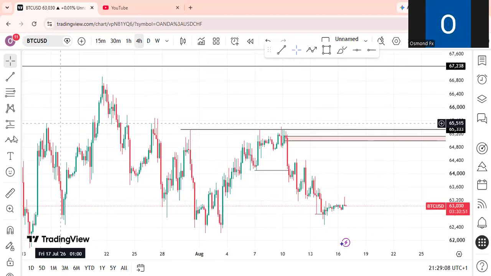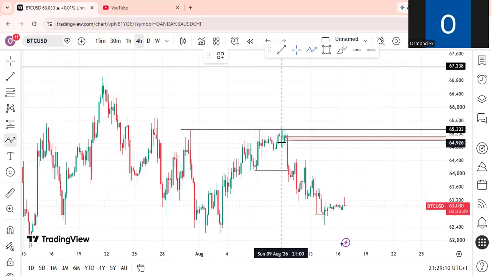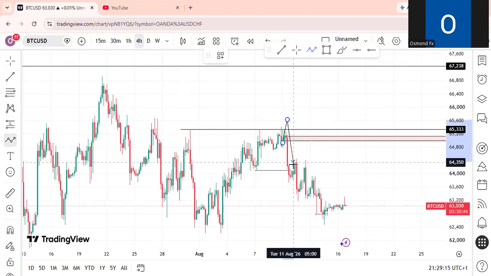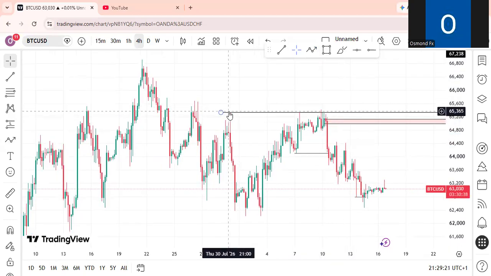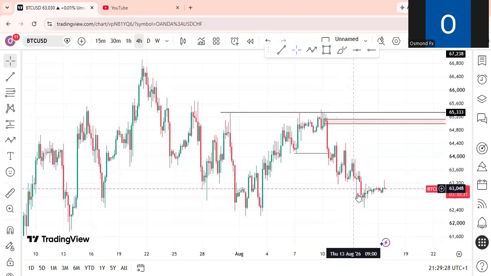I said that if the body of the candle closes above this high, then we are going to be expecting buy to the upside. But eventually, the body of the candle was not able to close above this high. It was the wick of the candle that took liquidity, and the market started dropping to the downside.